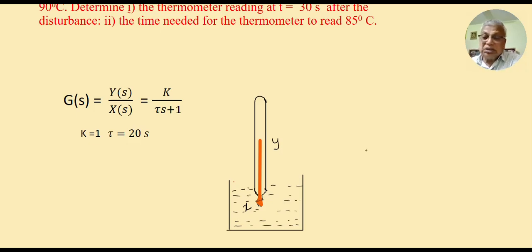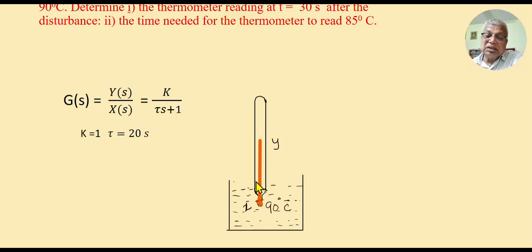Now the liquid bath is at a temperature of 90 degrees centigrade. I repeat, at t equal to 0, the thermometer which was outside at a temperature of 30 degrees centigrade is suddenly placed in the liquid bath at 90 degrees centigrade.